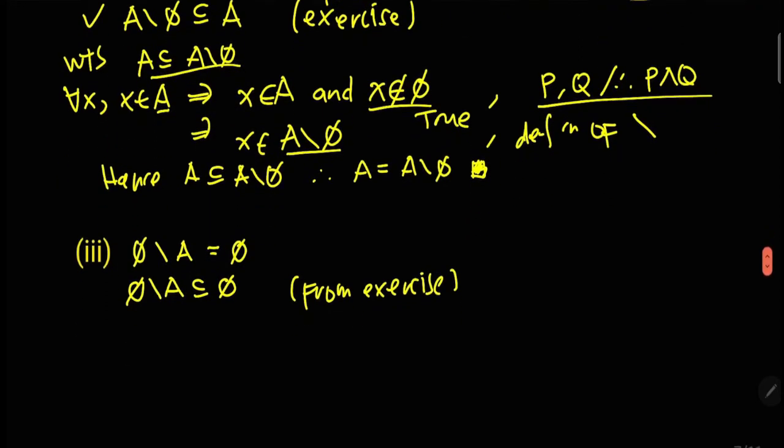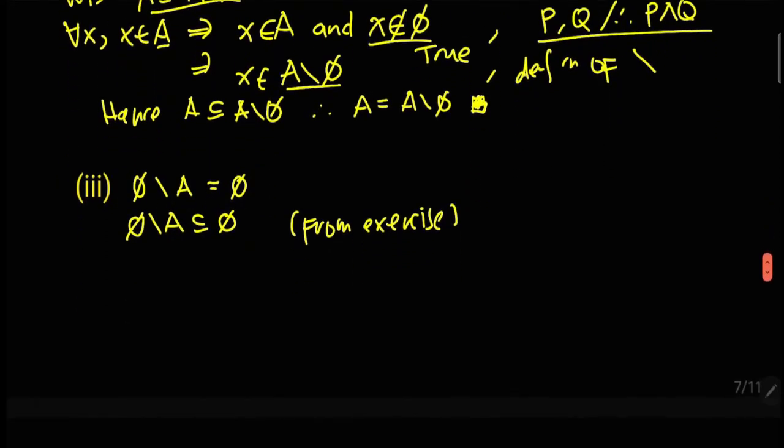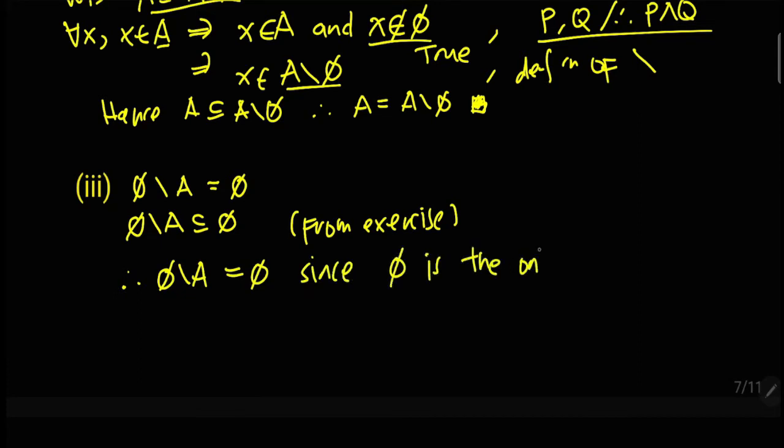Now, what does it mean for something to be a subset of the empty set? We've already established in our previous discussion that there is only one subset of the empty set, and it's the empty set. So therefore, we can conclude that this empty set except A is equal to the empty set, since the empty set is the only subset of the empty set.